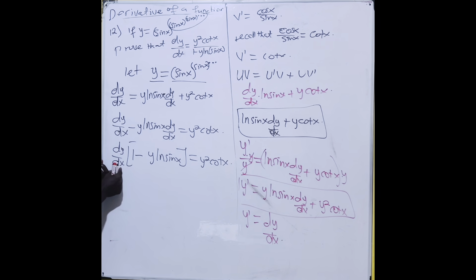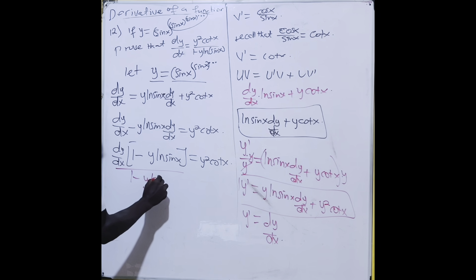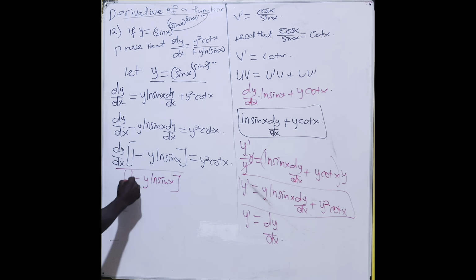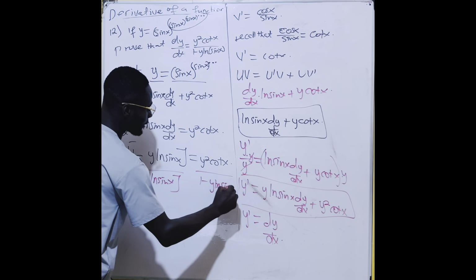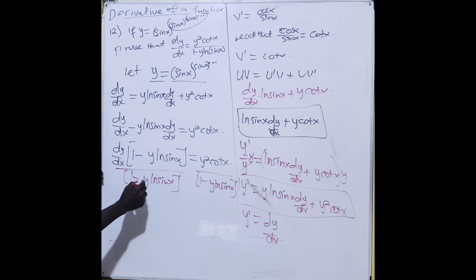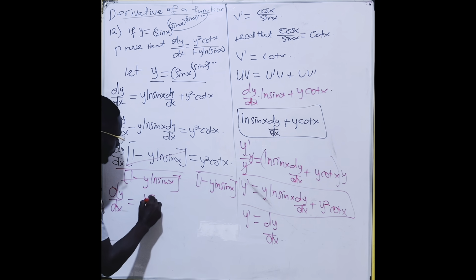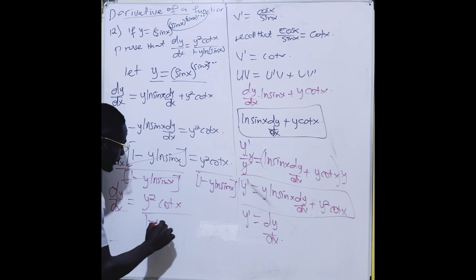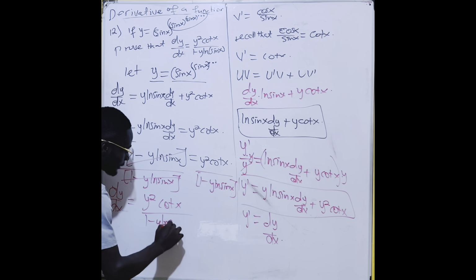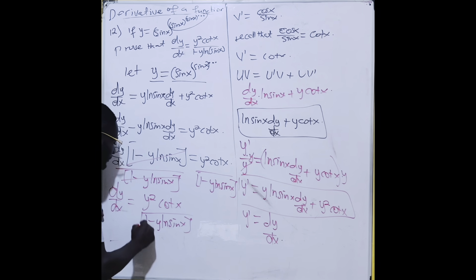Okay, we need dy/dx, so we divide through by this, 1 minus y ln sine x, right? So this takes off this, and then we have dy/dx to be equal to y squared cot x divided by 1 minus y ln sine x.